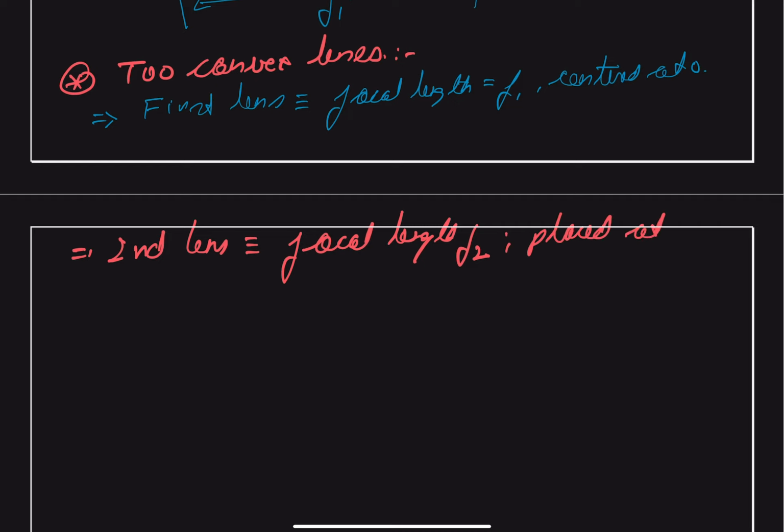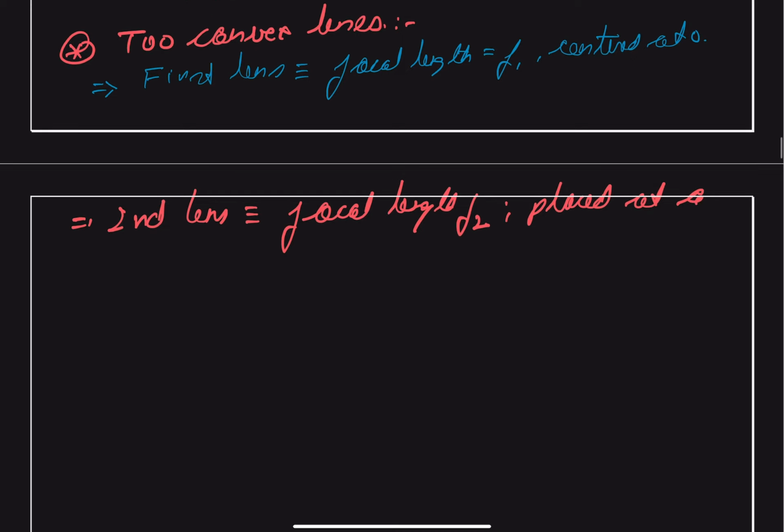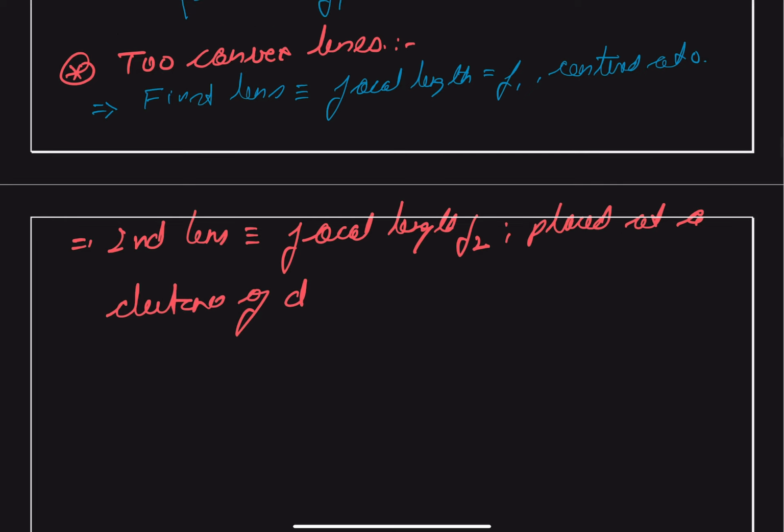The first lens we are calling L1 and the second lens we are calling L2, at distance d from L1.